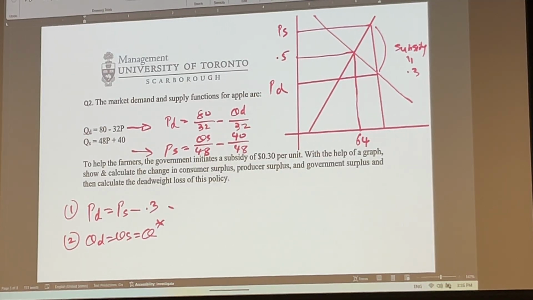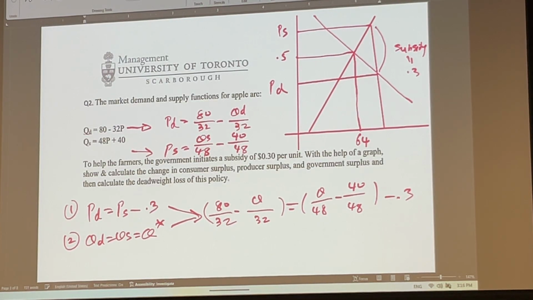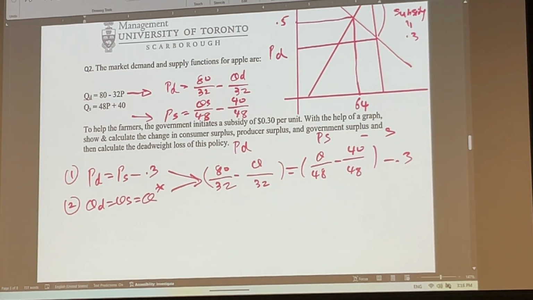Now I can apply these two equations. The inverse demand, 32 minus Q over 32, equal to Q over 48 minus 40 over 48, minus the subsidy, that is the difference between the producer price and the consumer price. Okay, so now let's rearrange it and solve it.